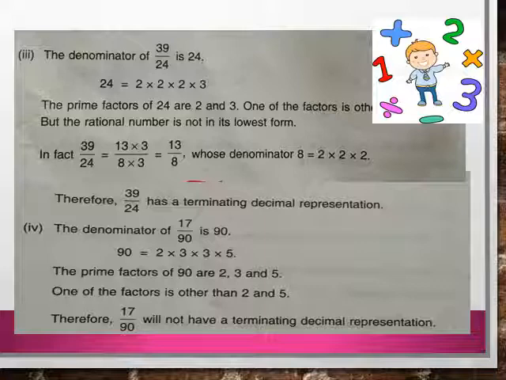So one of the factors is other than 2 and 5, and therefore 17 upon 90 will not have a terminating decimal expansion, because besides 2 and 5, one more factor is there, and it is 3. So when this type of factors are there in the denominator, that denominator's decimal representation is non-terminating type. And when the only factors are 2 and 5, then it is a terminating decimal representation.